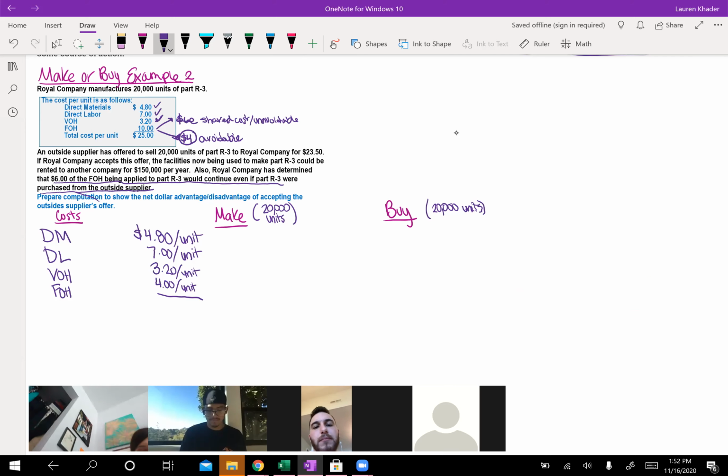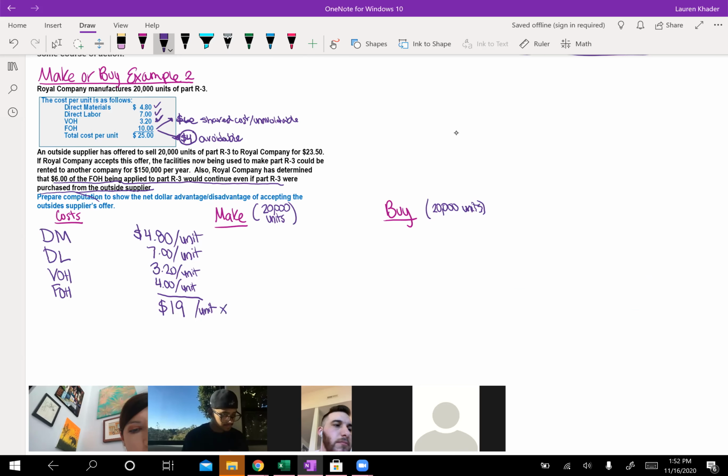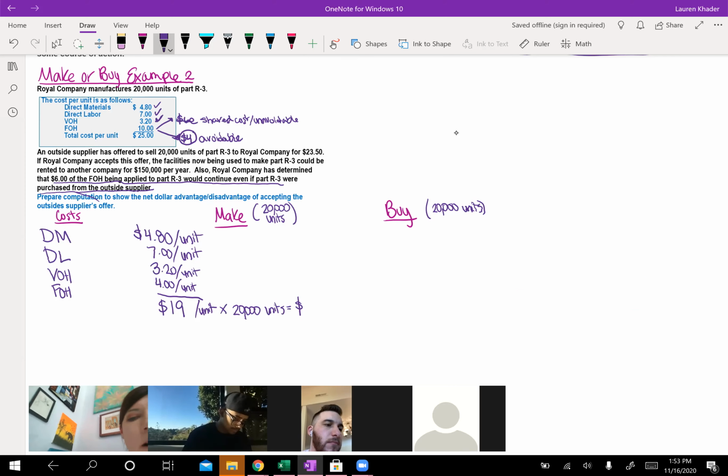So cost to make per unit is what? $19. $19 per unit times 20,000 units. So it looks like it costs us how much to make? 380,000.